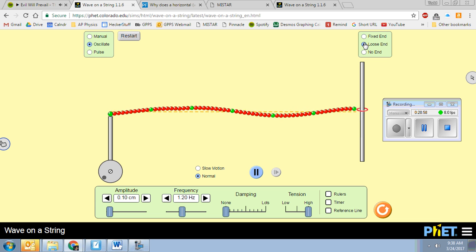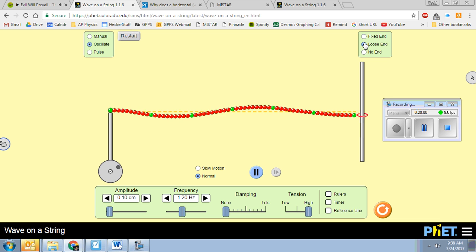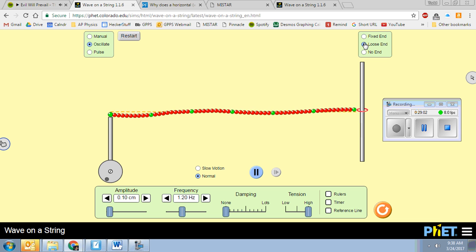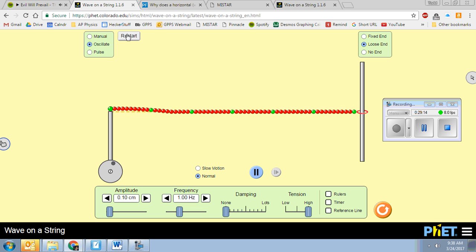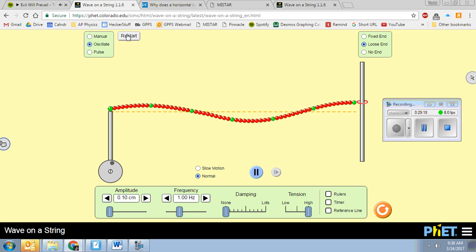Okay. So let's see. Before my natural frequency was at 0.4, and this isn't working. Let me try 1. Restart it. Let's see what happens here. Oh, that looks like that's working.